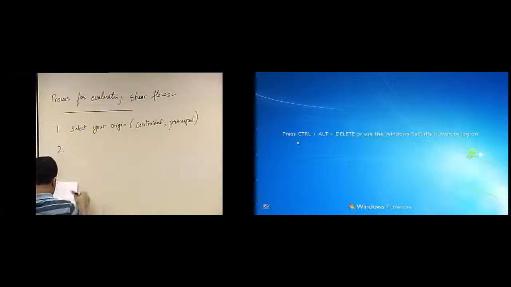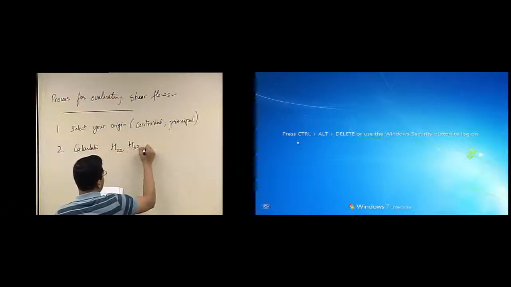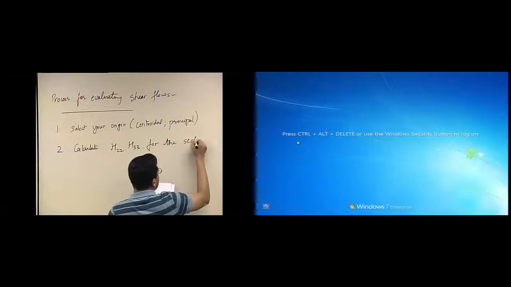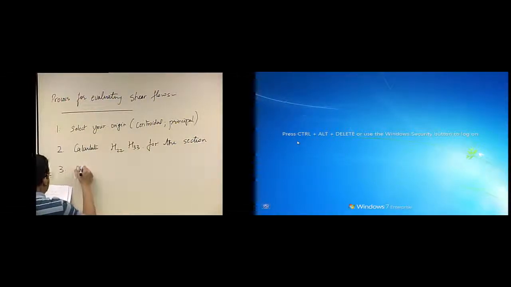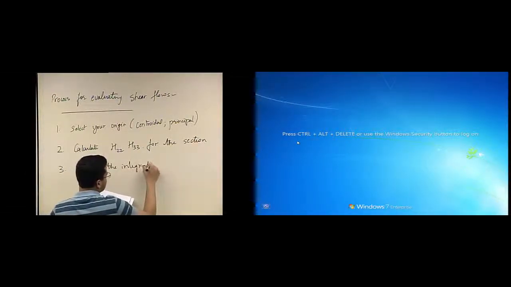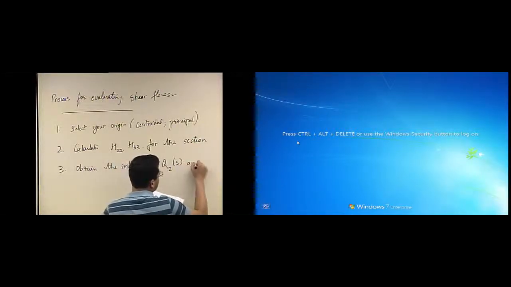Then calculate H22 and H33 for this section. And then obtain the integrals Q2 of S and Q3 of S.